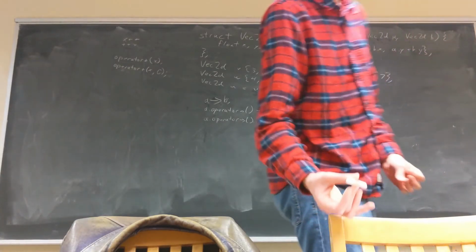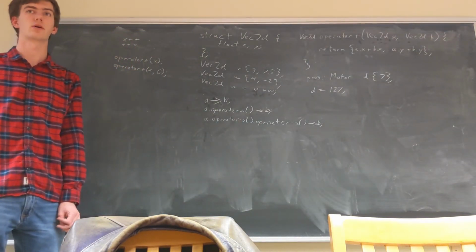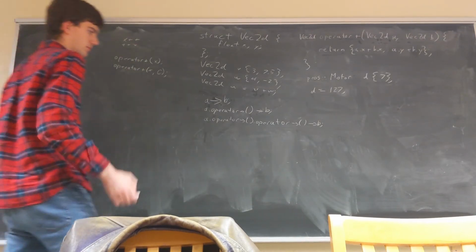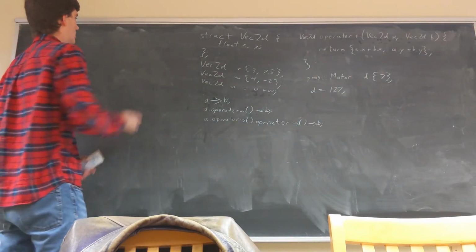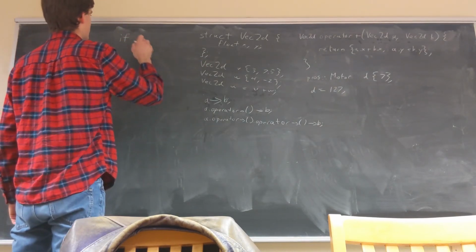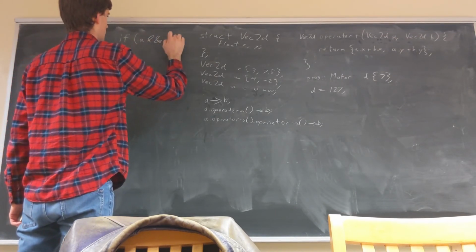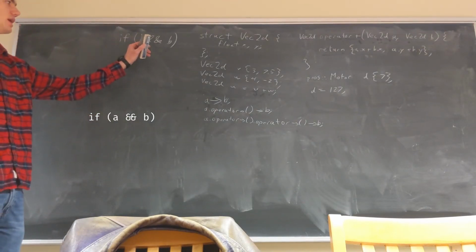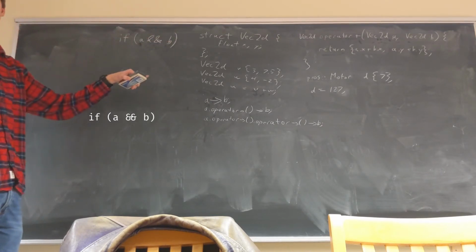Lastly, are you familiar with the concept of short-circuiting with the logical and or operators? So when you have an if statement, A and B with the logical and operator, I'll evaluate A. If A is true, it'll evaluate B. If B is true, it'll execute the content of the if.